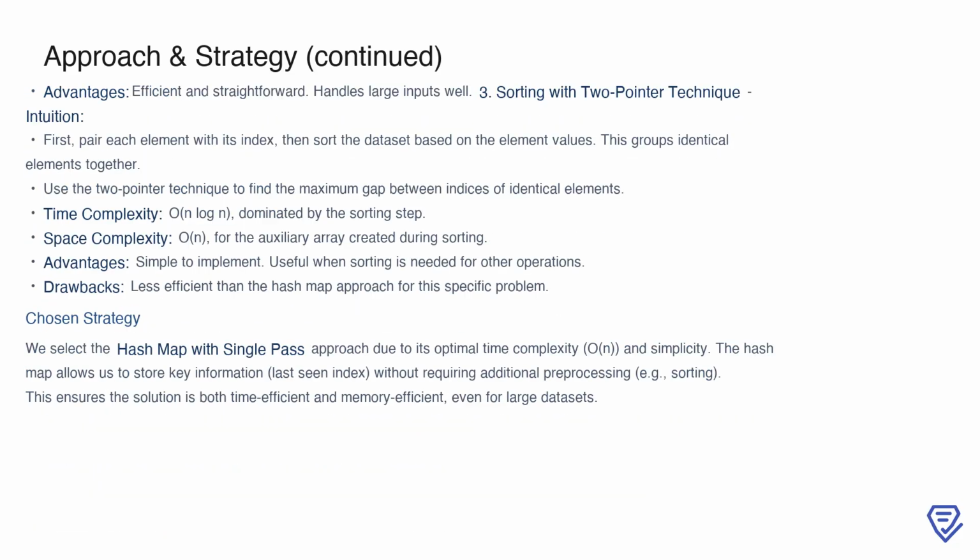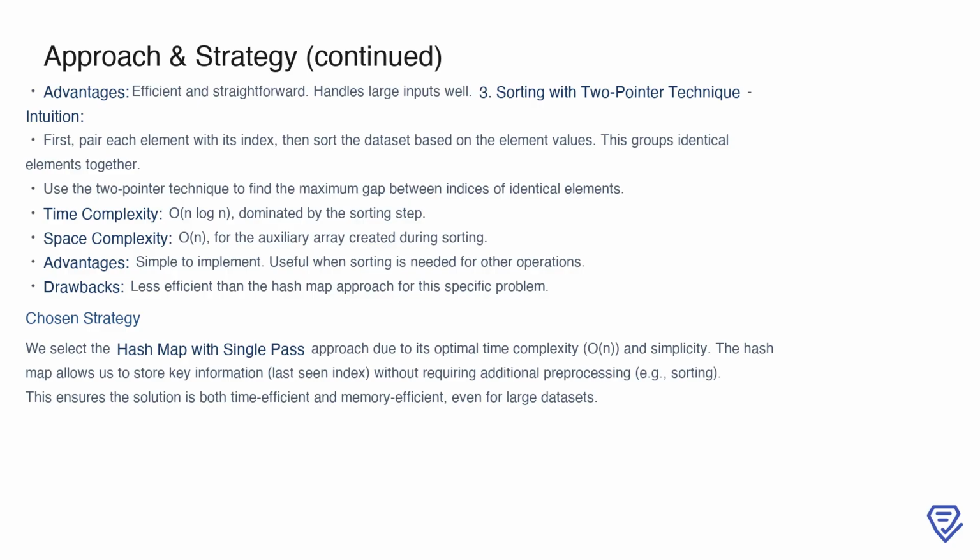The hash map approach offers efficiencies that the brute force method lacks, but another alternative is the sorting method combined with the two-pointer technique. In this approach, we first pair each element with its index and then sort the dataset based on the element values. This groups identical elements together, making it easier to locate repeated values.